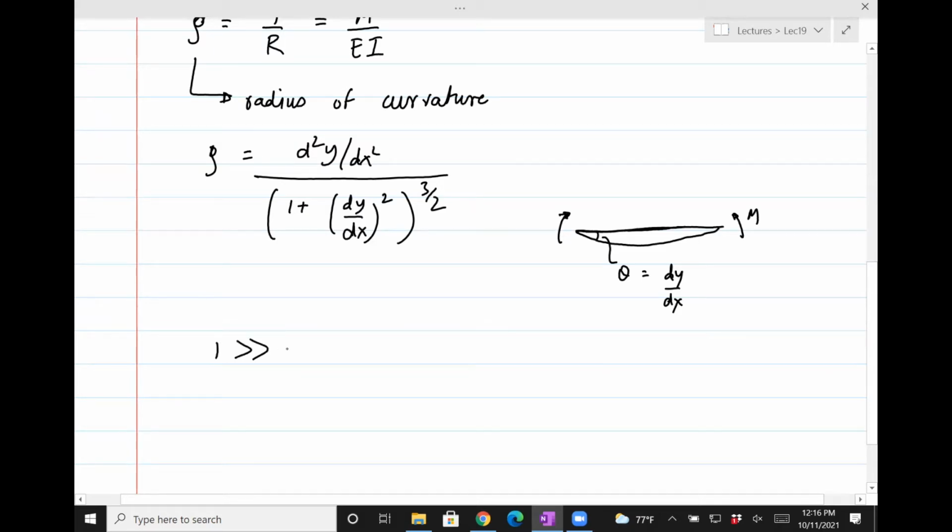And so 1 is much, much bigger than theta, which is equal to dy by dx.